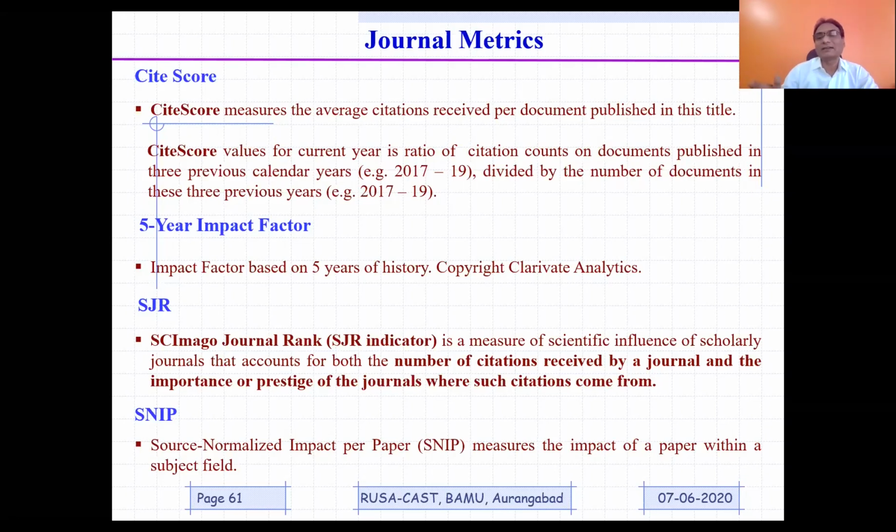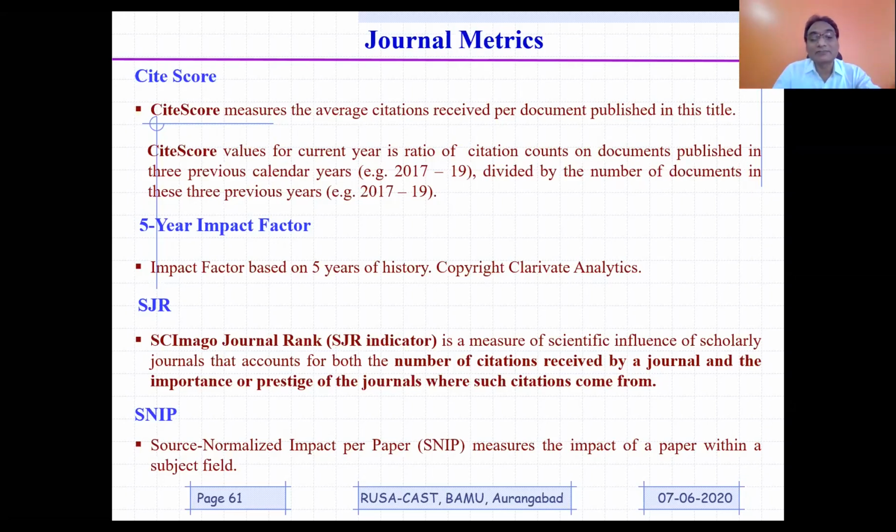Similarly, if a student sometimes gets first class, sometimes distinction, sometimes first class, it means something is wrong with that student. For some reason he is not performing well, and therefore that student is not going to be considered a good student. Similarly, as far as impact factor is concerned, if you really want the journal to be identified, then it should have a very stable impact factor. Therefore, apart from impact factor and cite score, 5-year impact factor needs to be considered, and it is given on the first page of the journal.